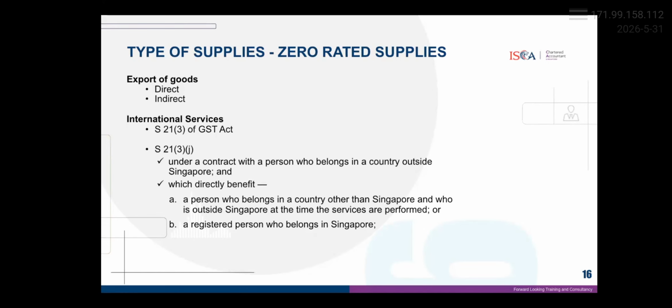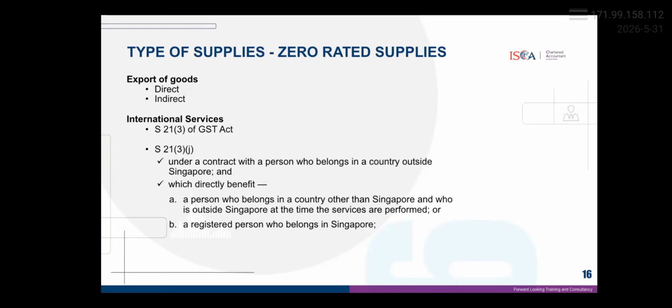For international services, whether to zero rate, we look into Section 21(3) of the GST Act to see if the Act describes the transaction that is in question. If yes, then zero-rated supply is the way to go and 0% GST is applied.